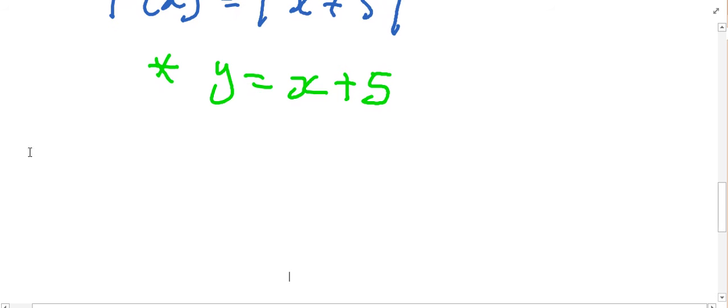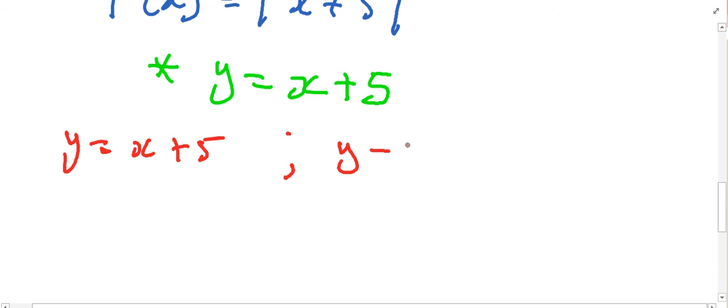Okay, so I'll start with the y-intercept. So when you look at the y-intercept of that guy, which is x plus 5, please don't mind, my handwriting is really bad.